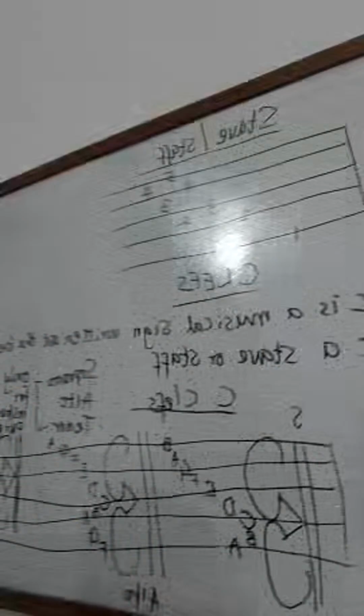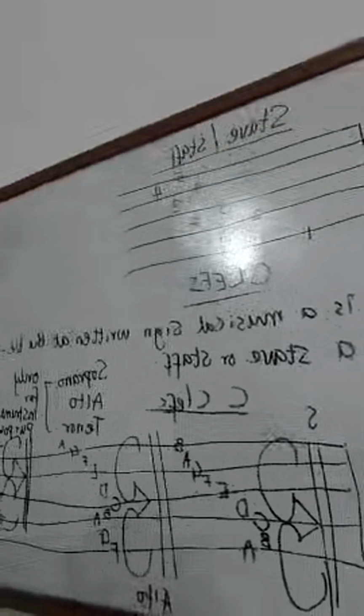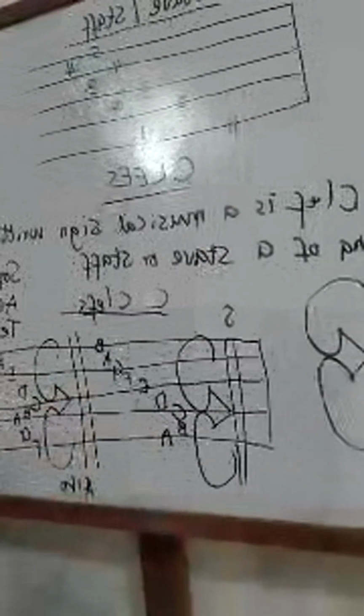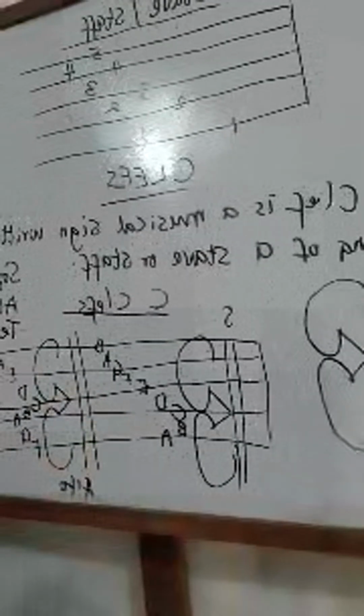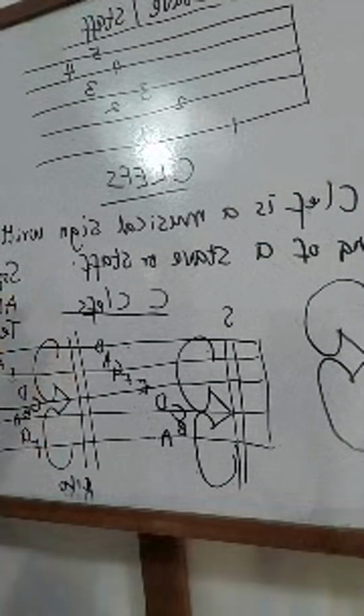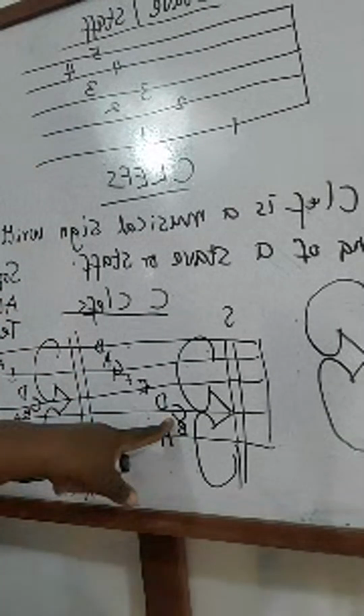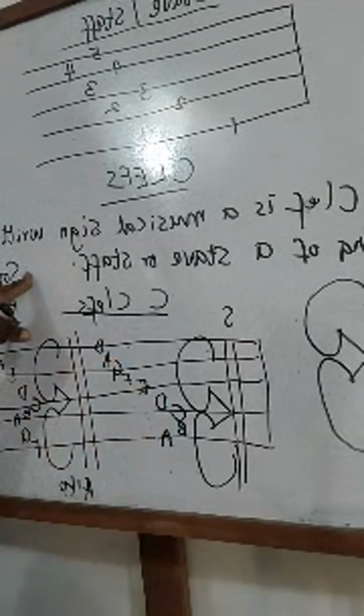All right, so we're back to what we're talking about. The C clefs. As you can see them, they actually look alike, but the position of C determines the kind of C clef it is. If the C is on the second line, we're actually talking about the soprano C clef.